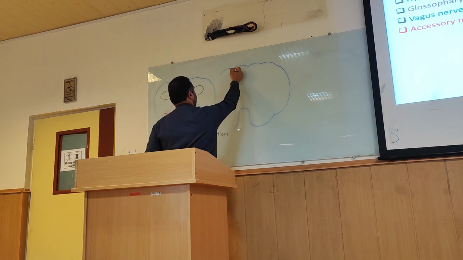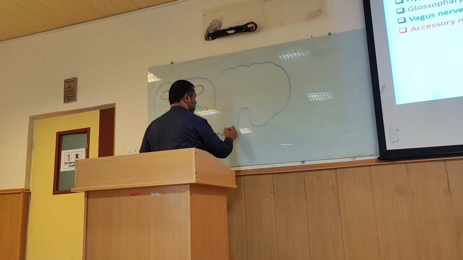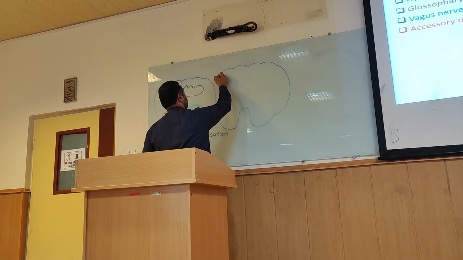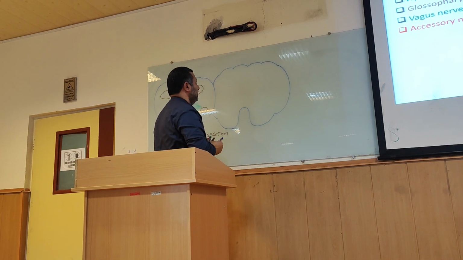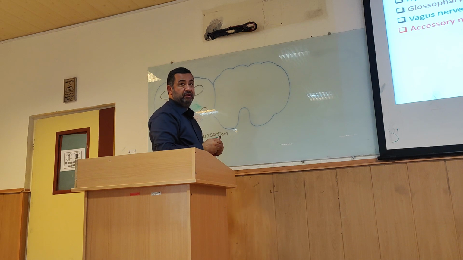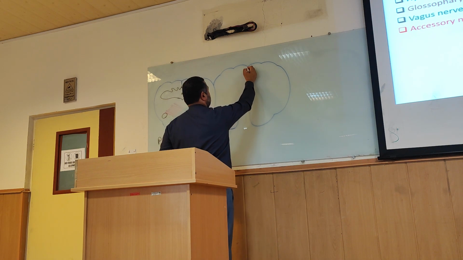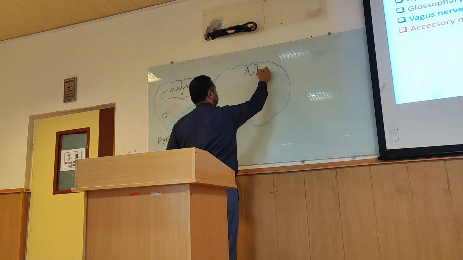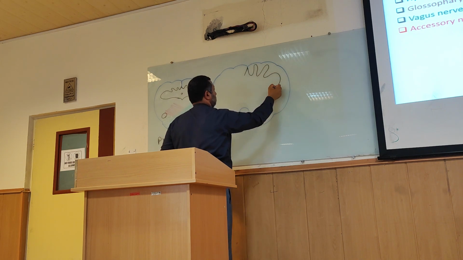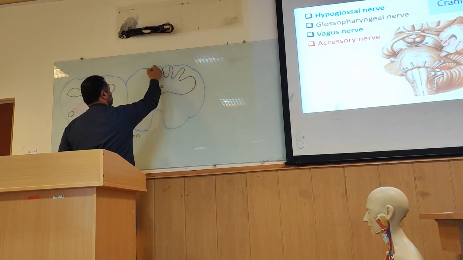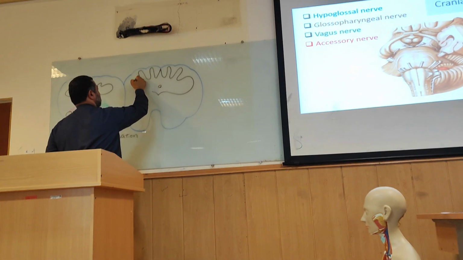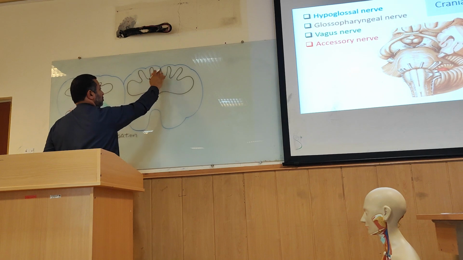The medulla oblongata will be larger, and the gray matter of the medulla oblongata has two large nuclei, nucleus gracilis and nucleus cuneatus.